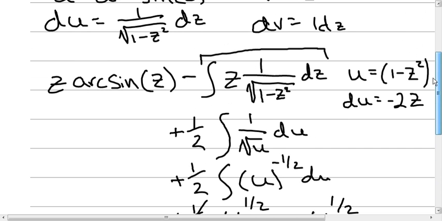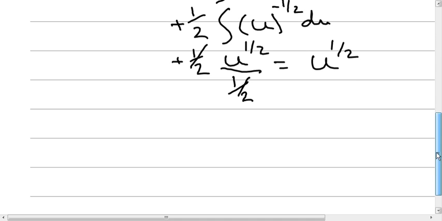Now we substitute back in, u is equal to 1 minus z squared, so if we write this back out, that's the square root of 1 minus z squared, and there was a plus sign, can't forget that plus sign.